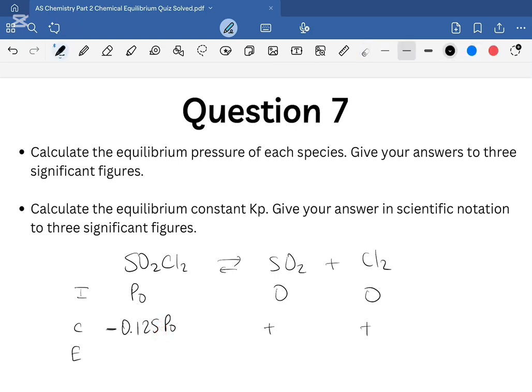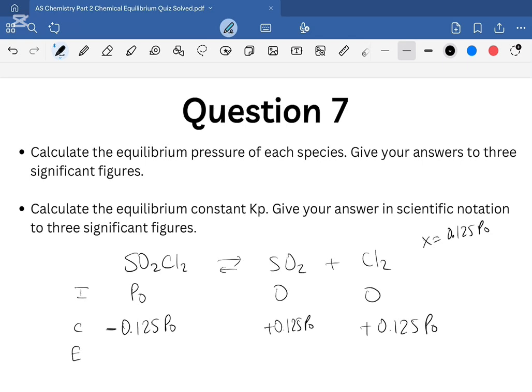Since we have plus x over here, it's also going to be plus 0.125 P0 and plus 0.125 P0.